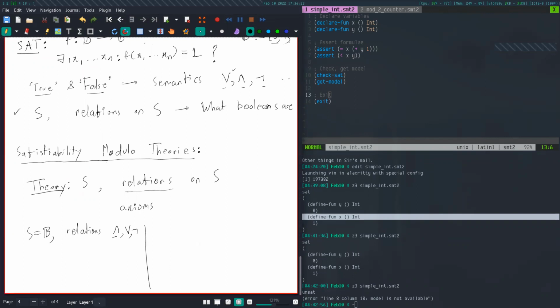When I say these are relations, I can also say that these are functions, from S to the K to S. So I can also define it that way. These two things are equivalent.